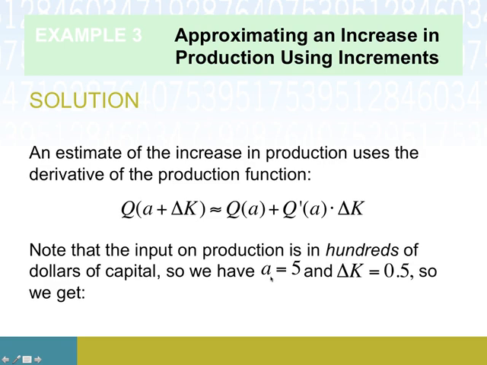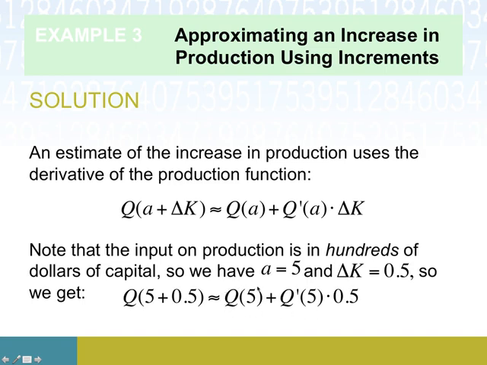So when we pick our starting value, 500 is our initial, and we would like to change by half of 100, by $50 in capital. So our delta K is 0.5, because again, our inputs are in hundreds of dollars. So just rewriting this expression with those specifics, A is 5, delta K is 0.5, and here's our derivative. Everything else is plugged in.